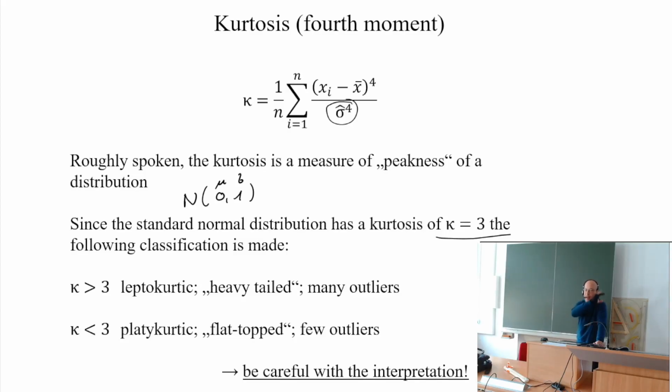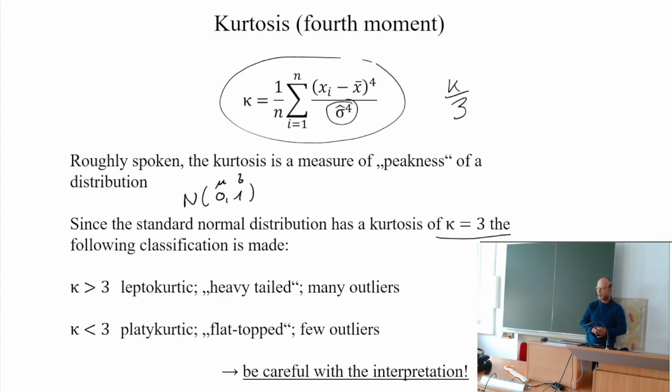Sometimes in other statistics books, the kurtosis is defined as this divided by 3, in order to have a reference point of 1. But I think quite often, or in more cases, it is defined like this.